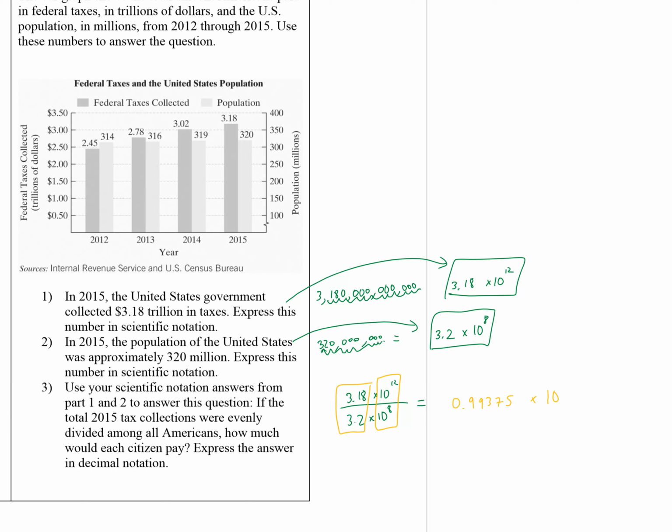We just subtract the 2 powers. 12 minus 8 becomes a positive 4. Now we move the decimal 4 times to the right: 1, 2, 3, 4. So it's 9937.5. That's how much. So basically almost $10,000 in taxes from each person.